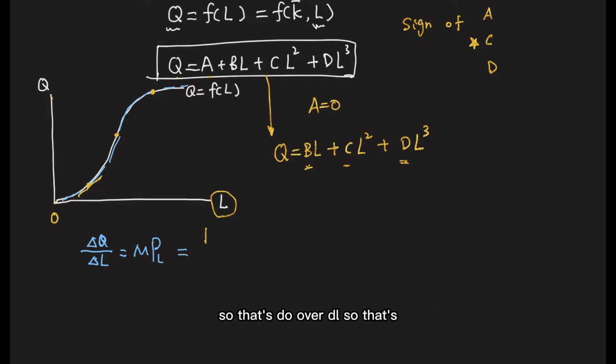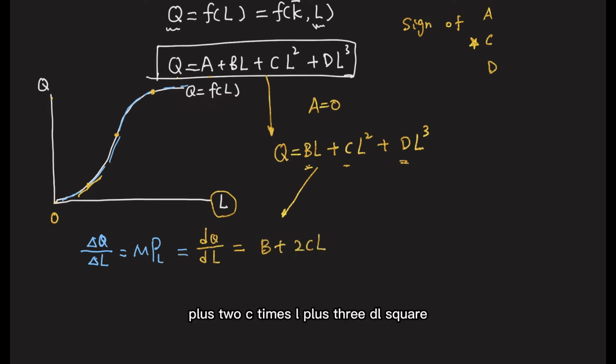So that's dq over dl, the first order condition, or differentiating this production function with respect to L. That's very basic calculus: dq over dl equals B plus 2C times L plus 3D L squared.